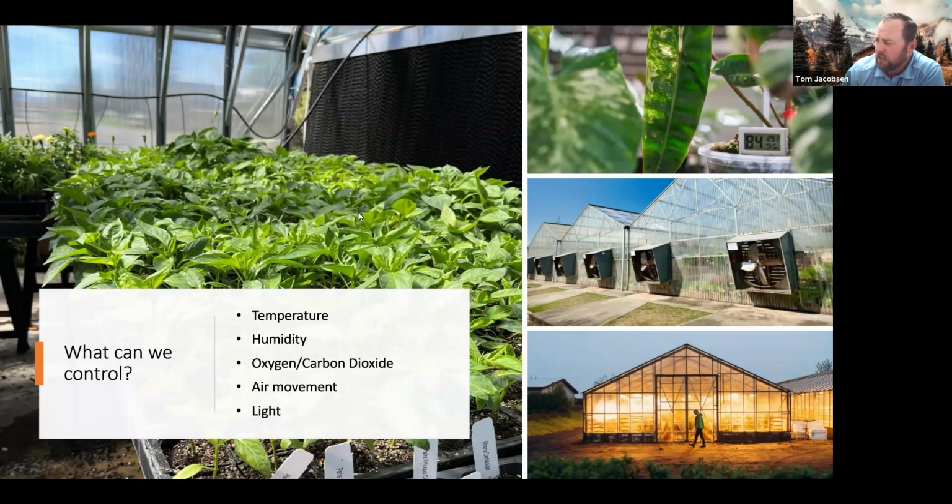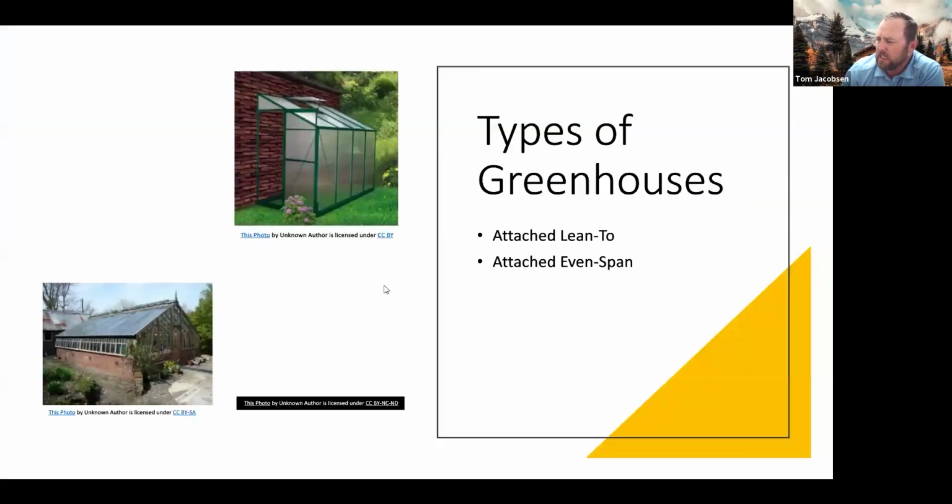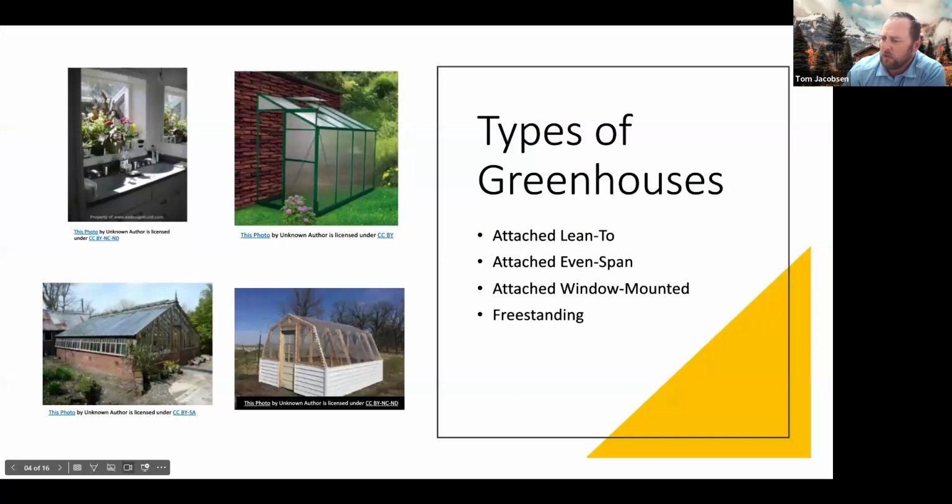But we can control the light in the greenhouses as well. So let's get into some of the types of greenhouses, and I'll throw all these pictures up here for you. These are some of the more common types of greenhouses that homeowners have. The attached lean-to, this one right here with red brick, is a very common, inexpensive type of greenhouse.